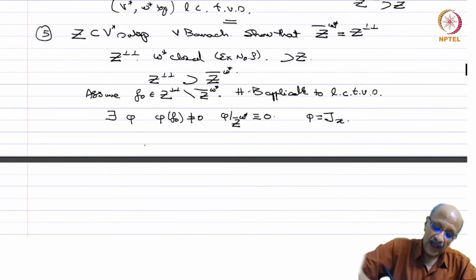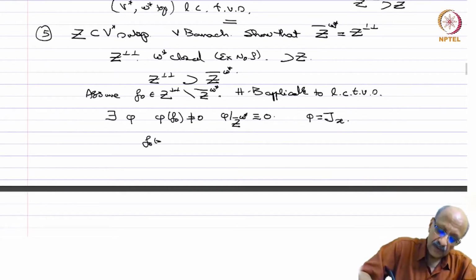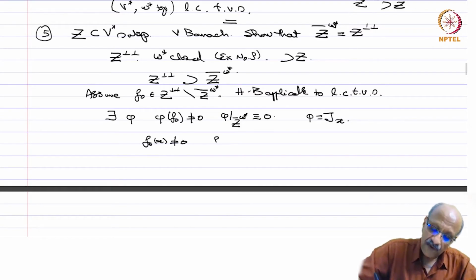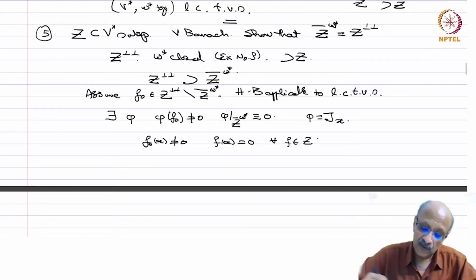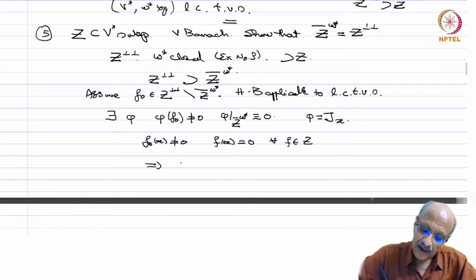Okay, so we have f naught of x is not 0 and f of x equal to 0 for all f in Z closure weak star, so in particular it's true for all f in Z. So this implies that x belongs to Z perp.